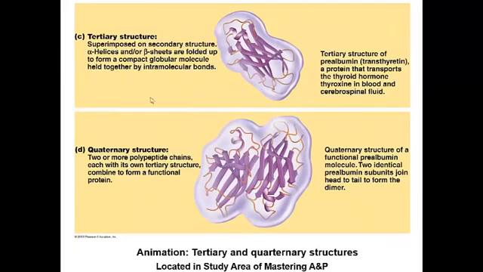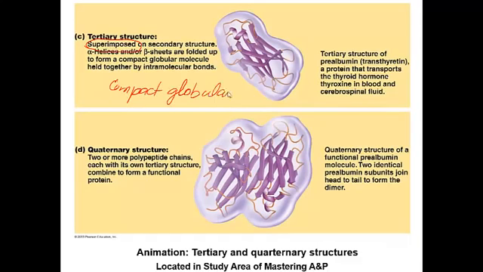The tertiary structure occurs when there is a superimposition on the secondary structure. So imagine 2 or more secondary structures that are actually folded on top of one another. And again, this is what's going to make a compact globular molecule.